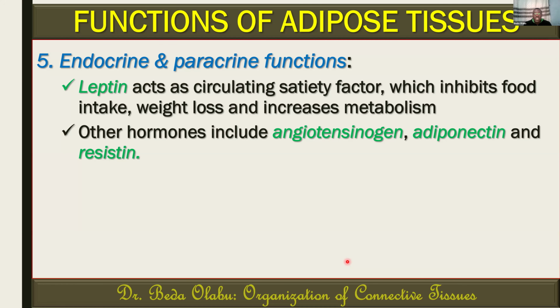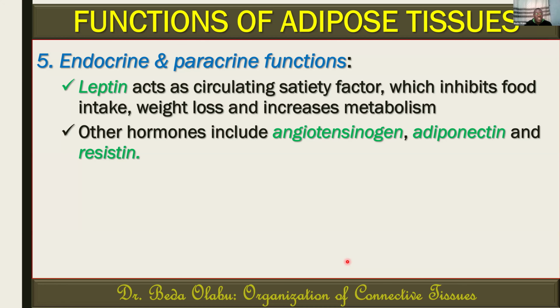The implication is that this person may also tend to be hypertensive. And no wonder, therefore, we see people who are relatively obese may also be at high risk of being hypertensive.